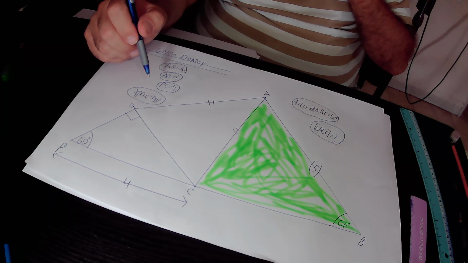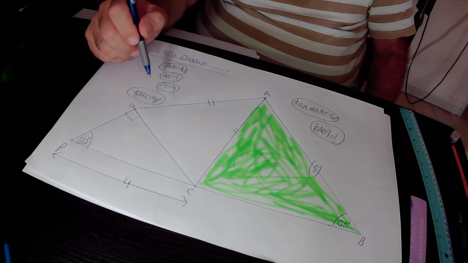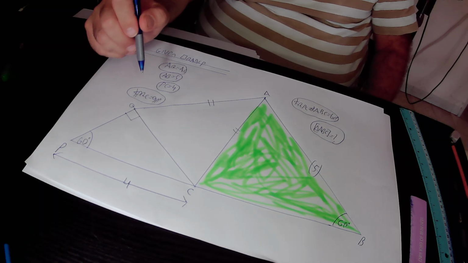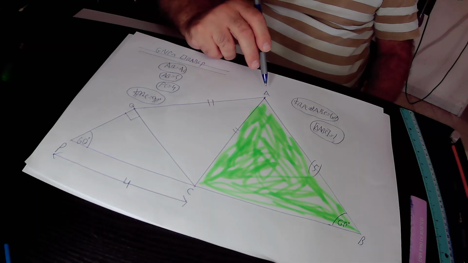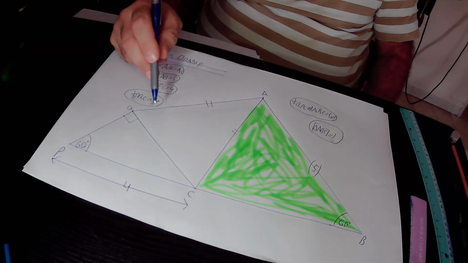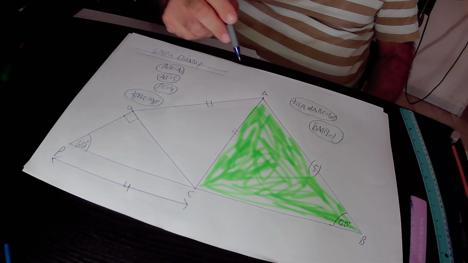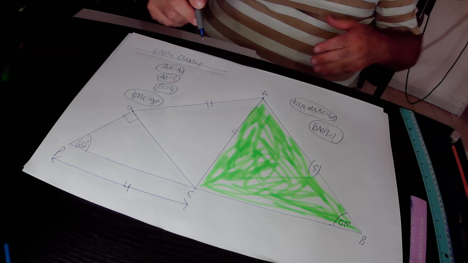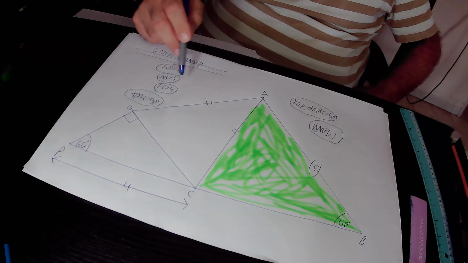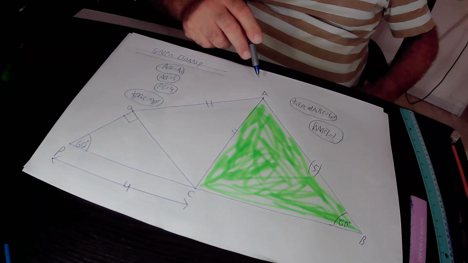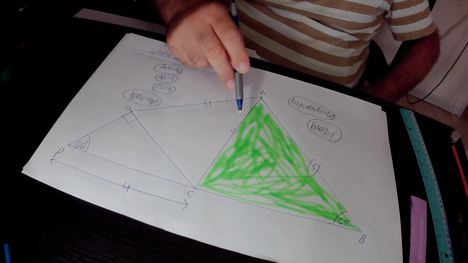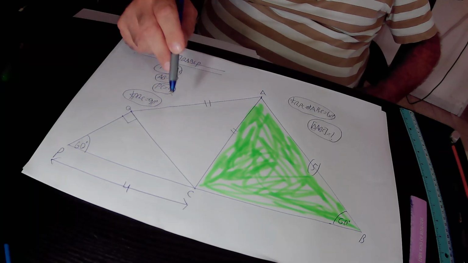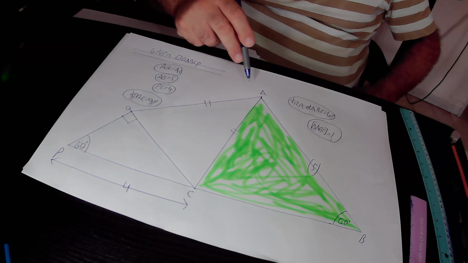So first of all, we will do a construction. From this point A, we will do perpendicular on QP. Again, from point A, we will do perpendicular on the base QC. Actually, triangle AQC is an isosceles triangle because side AQ equals side AC, and QC is the base of the isosceles triangle AQC.